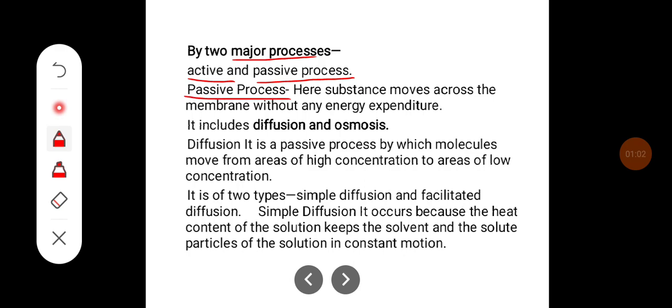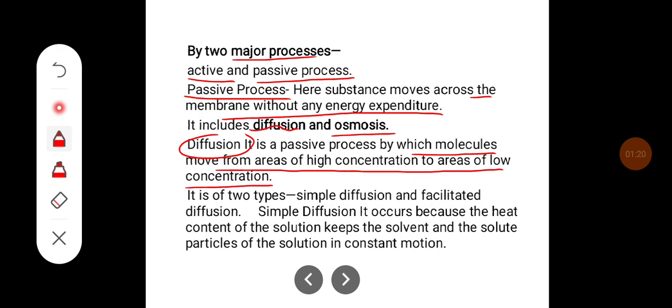In the passive process, substances move across the membrane without any energy expenditure, which includes diffusion and osmosis. Diffusion is a passive process by which molecules move from areas of higher concentration to areas of lower concentration.